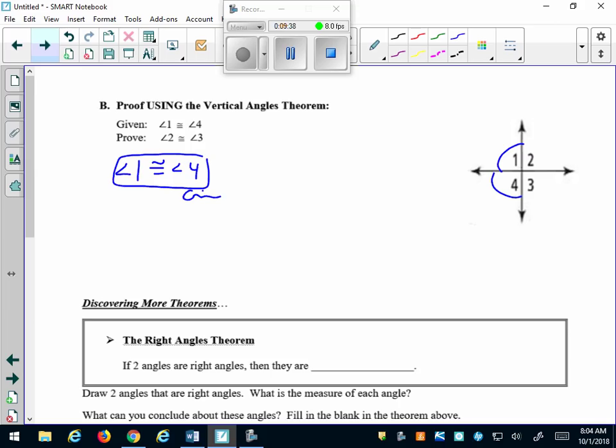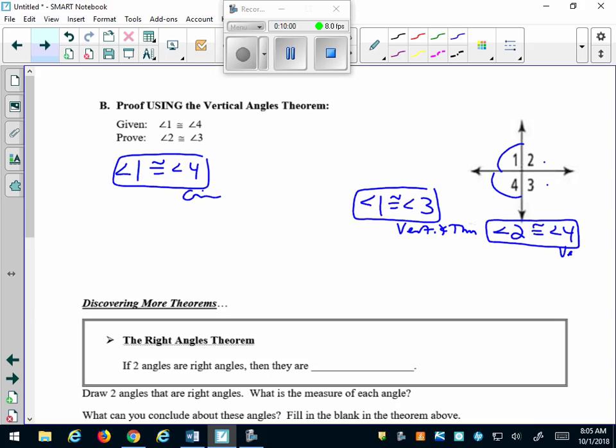We have to prove that angle 2 is congruent to angle 3, 2 and 3. So using vertical angles, we can state the relationship. Angle 1 is congruent to angle 3 by the vertical angles theorem. And angle 2 is congruent to angle 4 by the vertical angles theorem.